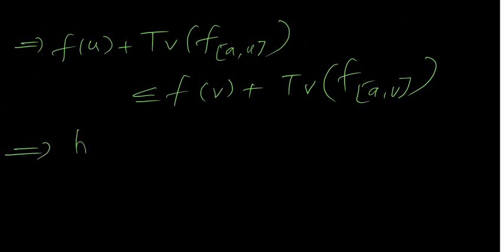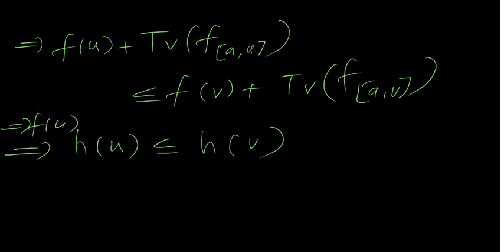This is your H of u is less or equal to H of v, because H of u is f plus T. Or you can say this implies f of u plus T of u, the total variation, is less or equal to f of v plus T of v, and f of u plus T of u is equal to H of u. f of v plus T of v is equal to H of v, because fx plus Tx is denoted by Hx.